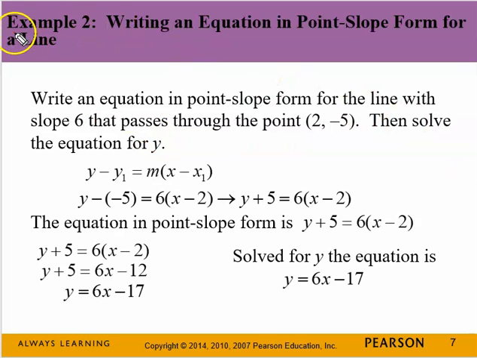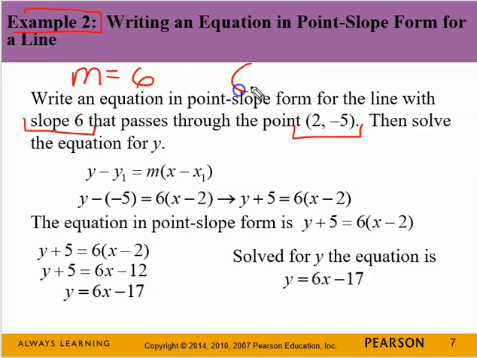Now in example 2, they're giving us a point, and they're giving us the slope. So let me write that out for you. So m is 6, and our point is 2, comma, negative 5. Let's go to the whiteboard here.